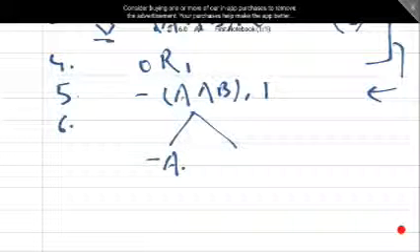Again, if we use De Morgan's on step number 5, we'll get not A in 1 or not B in 1.